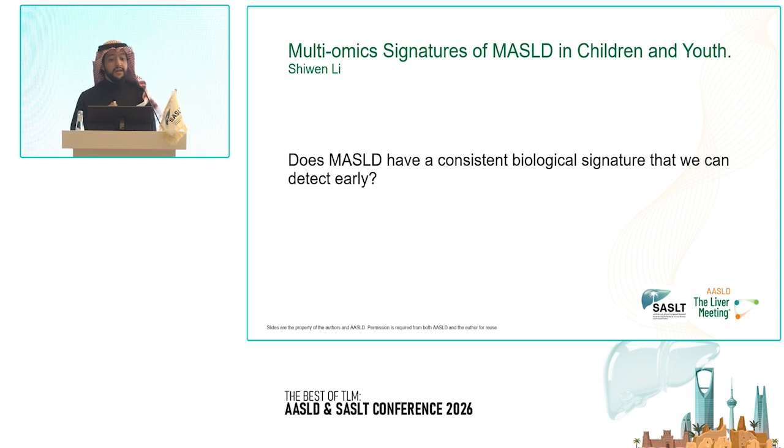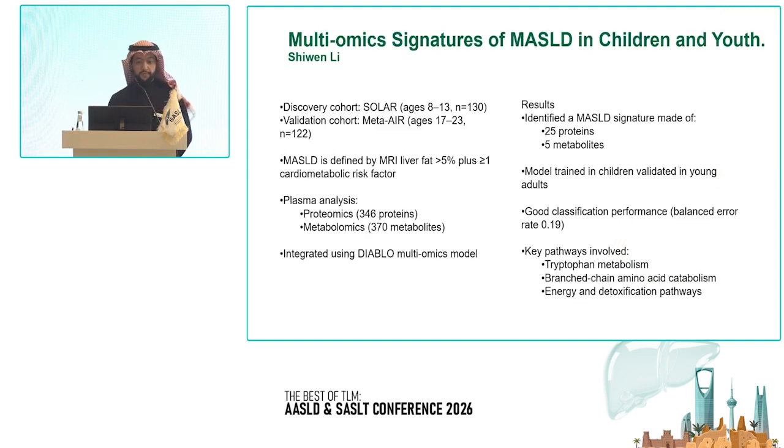Another thing is the multi-omic signature of MASLD. Do we have a biological fingerprint of MASLD that we can detect early in life? What they found in this abstract is that they measured the proteins and metabolites in two cohorts, the discovery cohort, SOLAR, and the validation cohort in Meta-AIR.